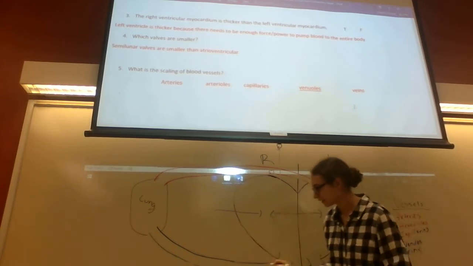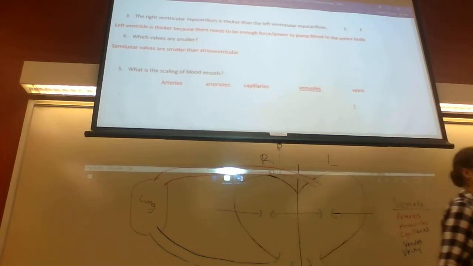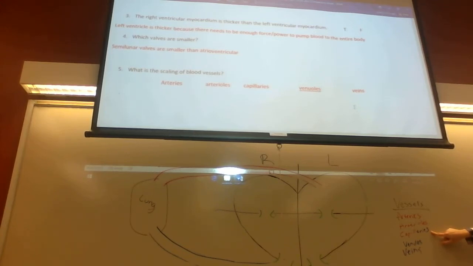So, any questions over any of this? Did I read that capillaries are so tiny that red blood cells travel through single file? Yeah. Capillaries are so small that red blood cells travel just like that. That's true, and it's important that they do, because then the oxygen and carbon dioxide exchange is very efficient.